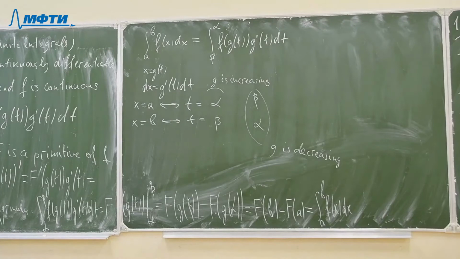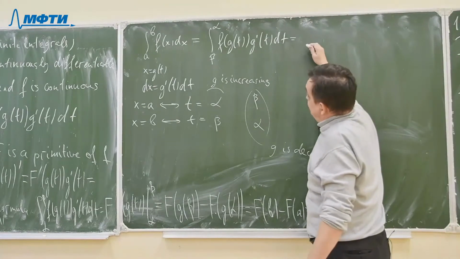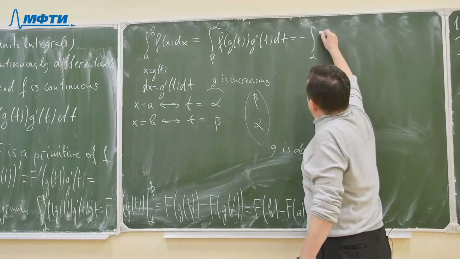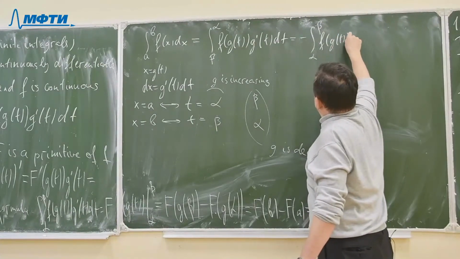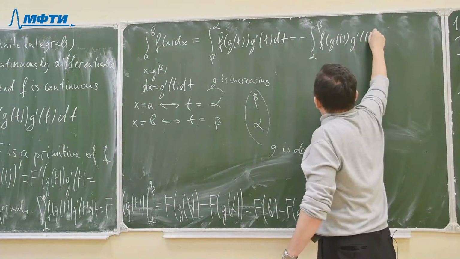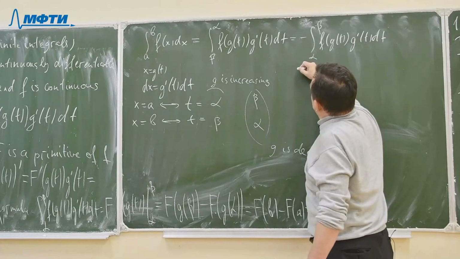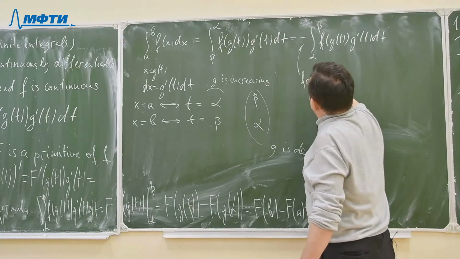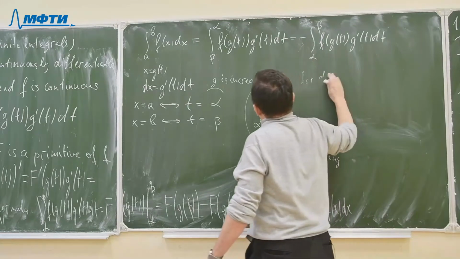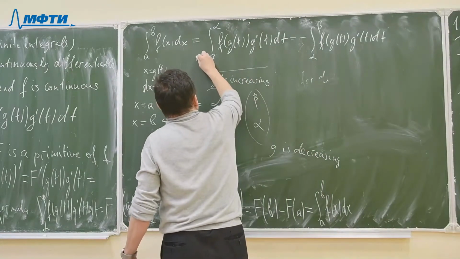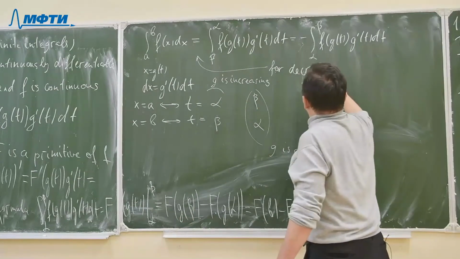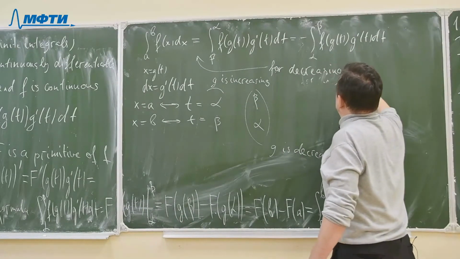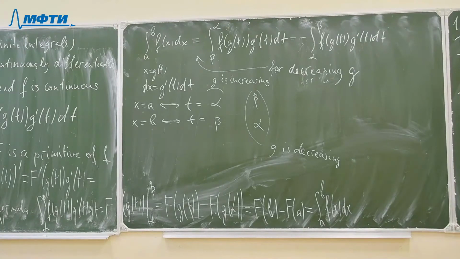And it means we have minus the integral from alpha to beta of f(g(t)) g'(t) dt for decreasing g.